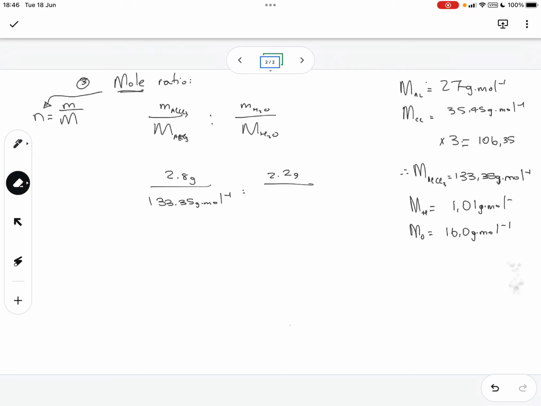So that means the molar mass of H2O will be 2.02 plus 16, and this gives us 18.02 grams per mole.